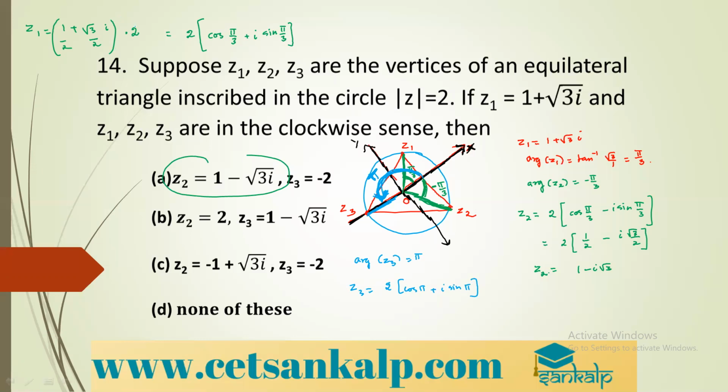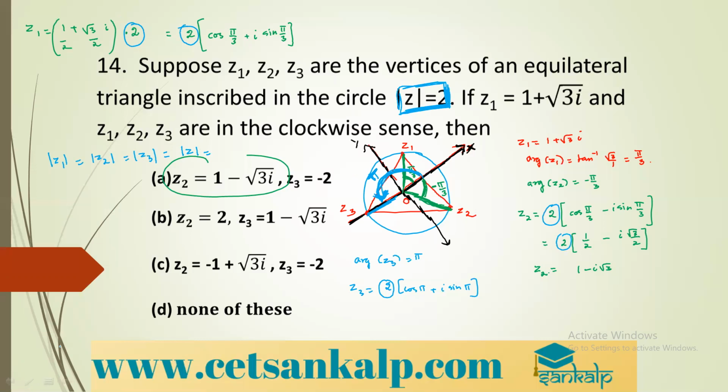Like modulus of Z1 will be same as modulus of Z2, will be same as modulus of Z3. Remember, modulus of Z1 equal to modulus of Z2 equal to modulus of Z3, and that is equal to modulus of Z. They gave modulus of Z is 2. Is that clear?